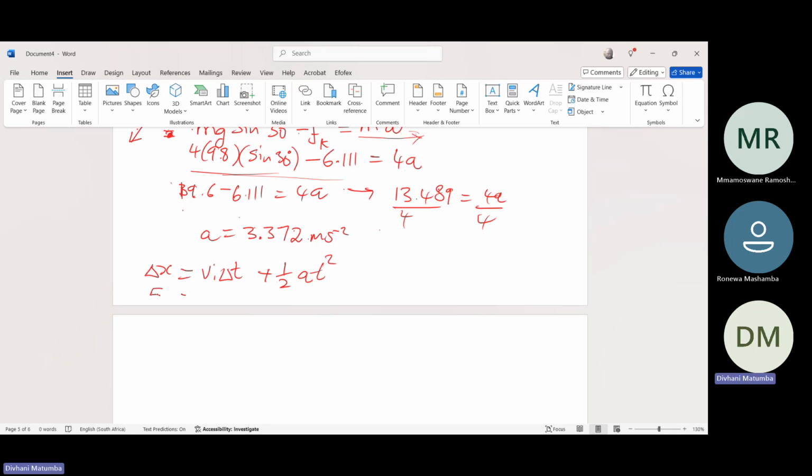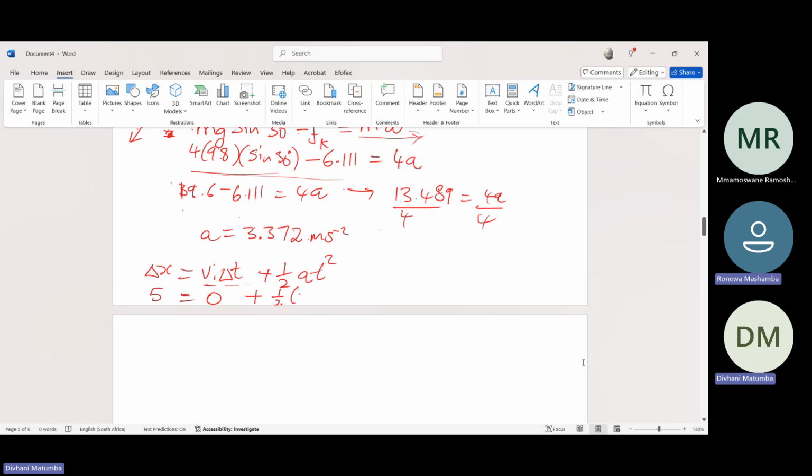Okay. So you agree that this is 5 and v initial was 0. You agree? Yes. Do you agree that v initial was 0?